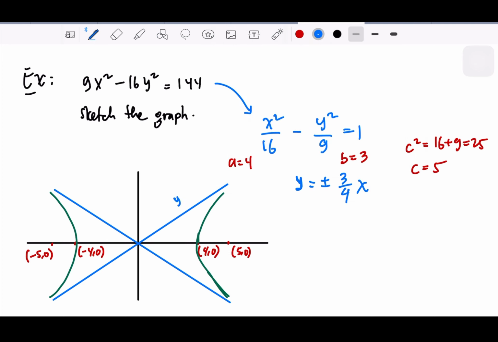And then we can mention this is 3/4. This is negative 3/4.